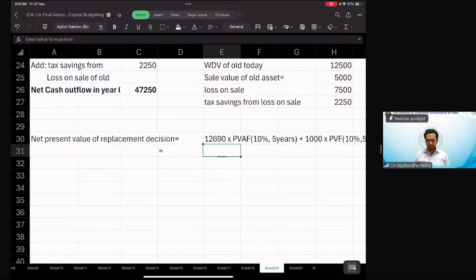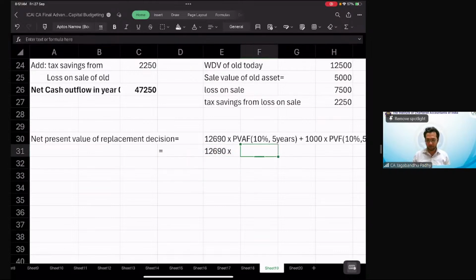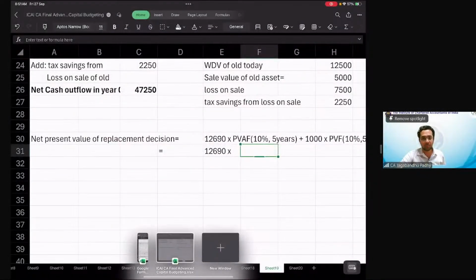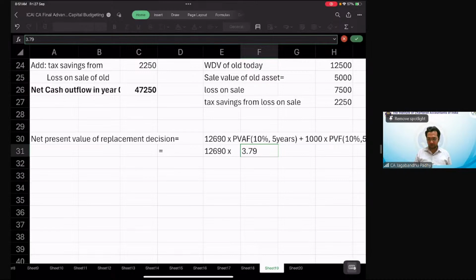Okay, help me with the present value factors, guys. What's the present value annuity factor at 10% for 5 years? What's the number? 3.79. Okay, 3.79.